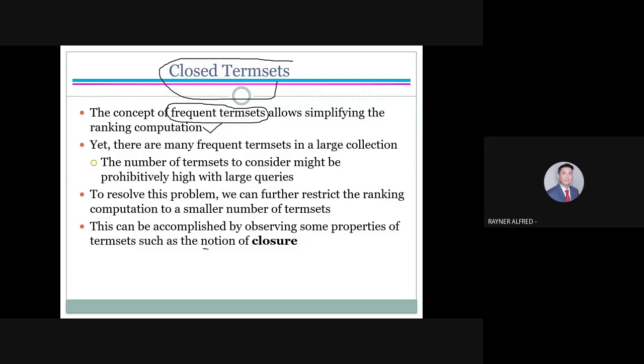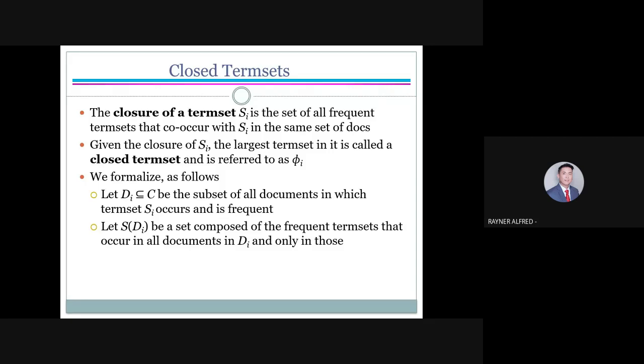Now we introduce the notion of closure. So the definition here is that the closure of term set Si is the set of all frequent term sets that co-occur in the same set of documents. Which means that if A and B are frequent term sets, and AB is also a frequent term set, we do not have to consider this because this is a closed term set for this.